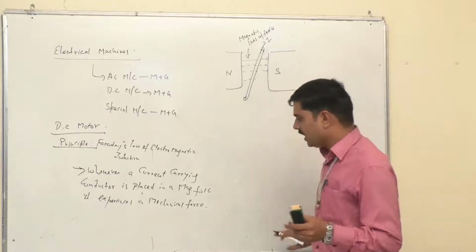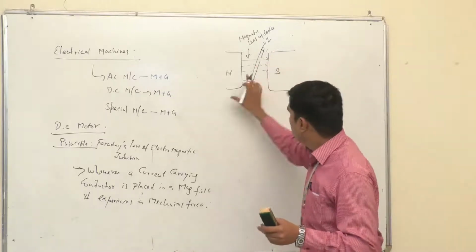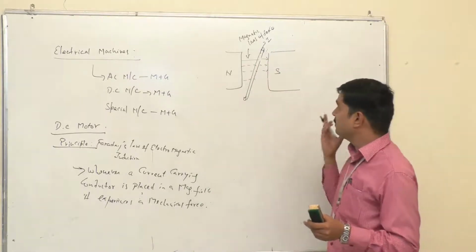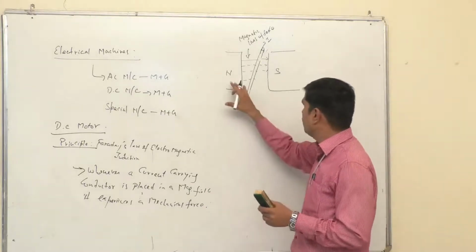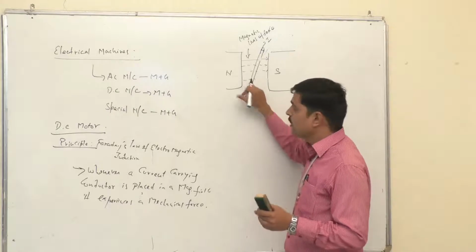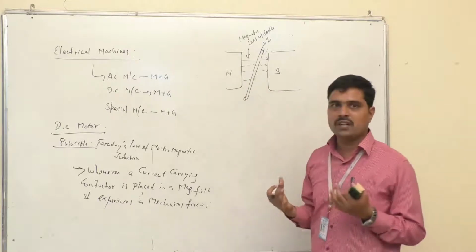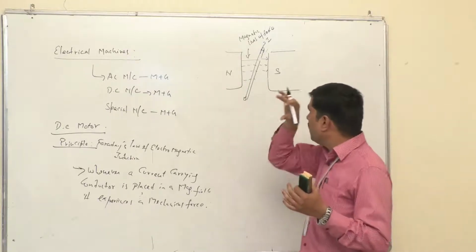When a current carrying conductor is placed in a magnetic field, it experiences a mechanical force. So there are two fluxes: one is the permanent magnet flux, another is the electrical flux. These two fluxes interact with each other, and because of that the torque is created.